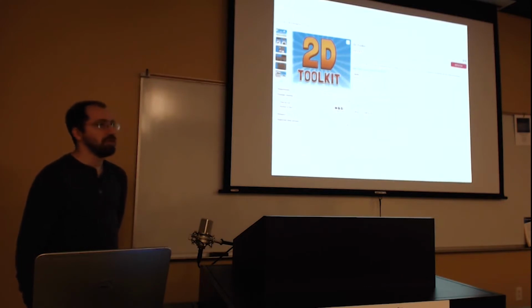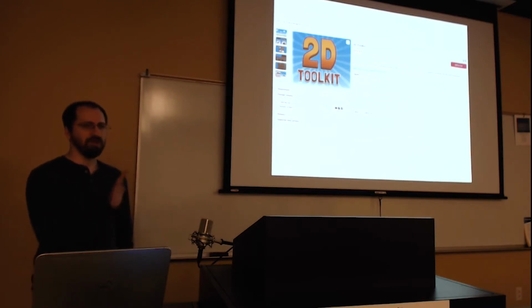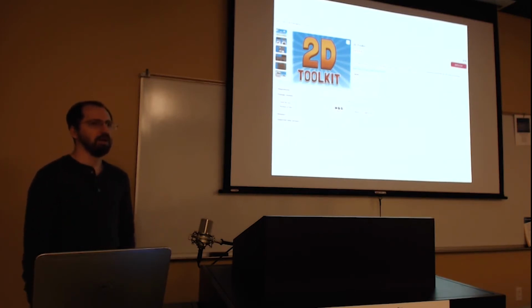Another one we use is 2D Toolkit. When we started with Piggy Ball, we used 2D Toolkit, and we slowly removed a lot of the features just because we had special needs with our particular project. But 2D Toolkit has also gotten replaced a lot by Unity's built-in systems.